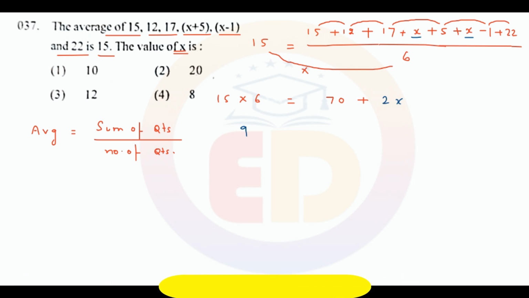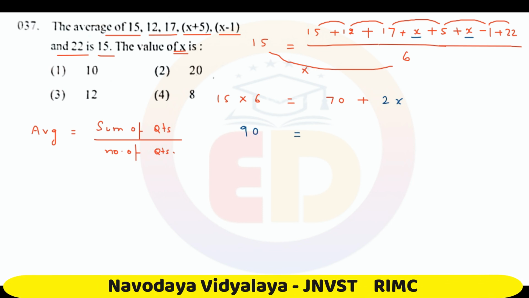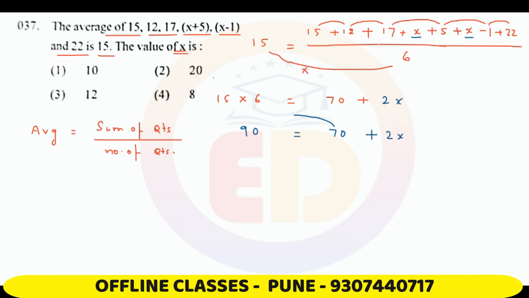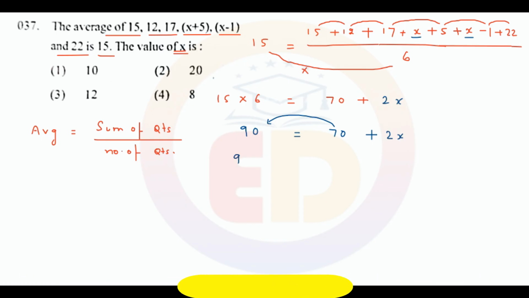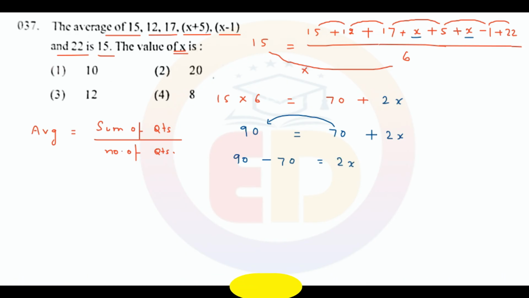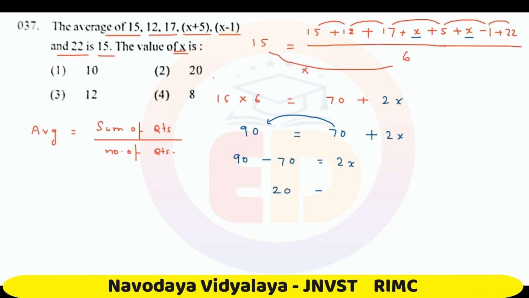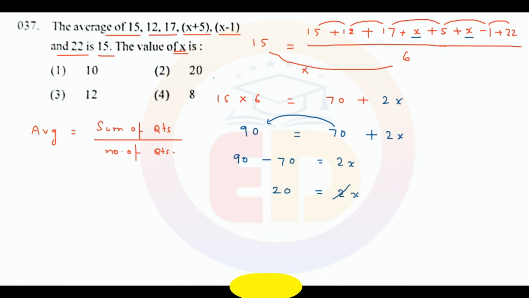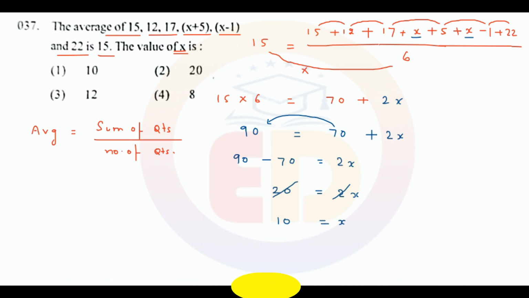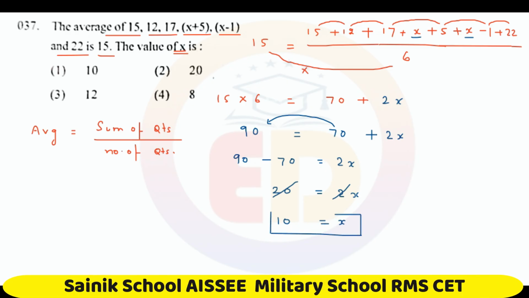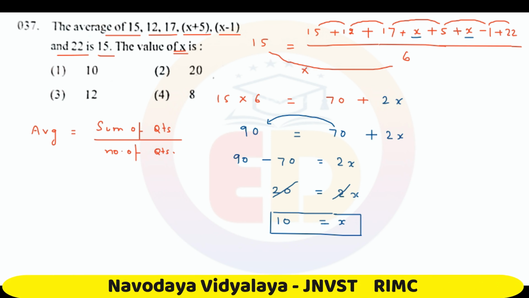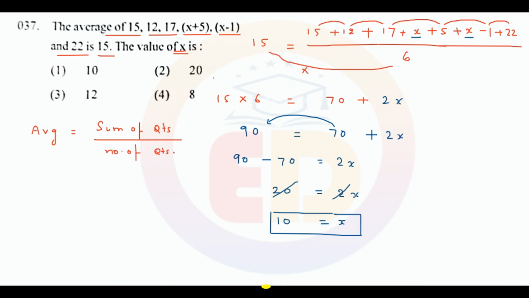This is 90 equals 70 plus 2x. Take 70 from right to left side, it will be subtracted. It is 90 minus 70 equals 2x. That's 20 equals 2x. Divide 2 and 20, x is 10. A very simple question, and questions like these we have done many times in the class. I hope everybody will get this correct. Answer is option 1.